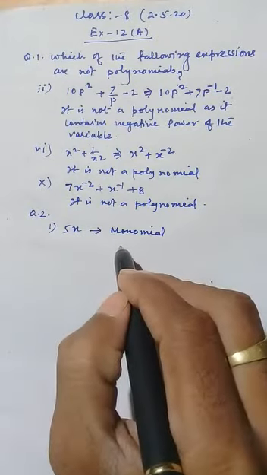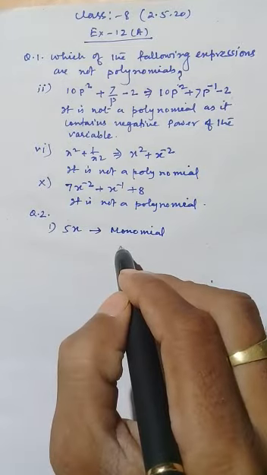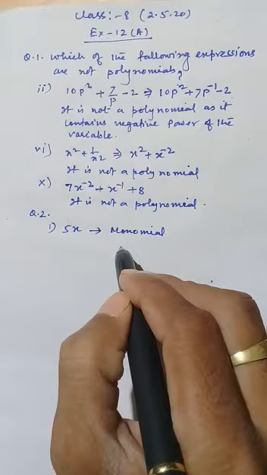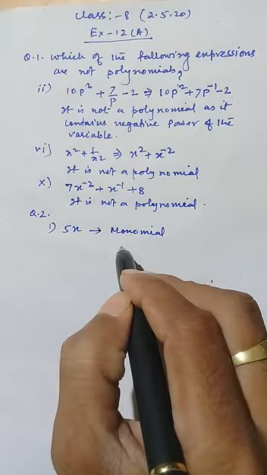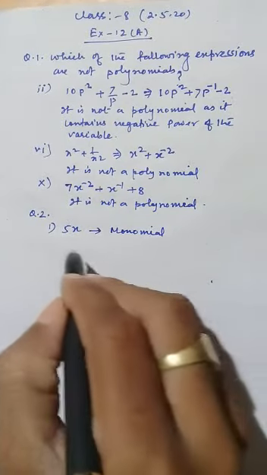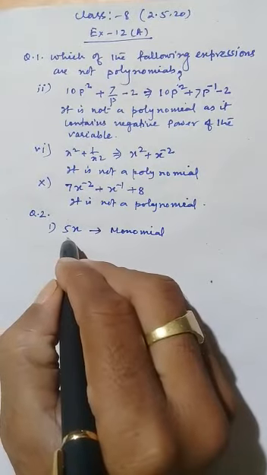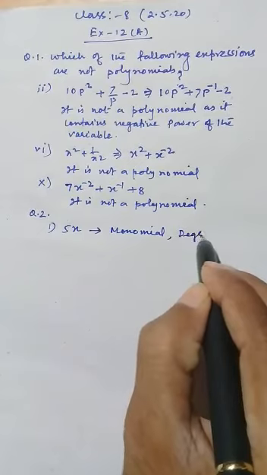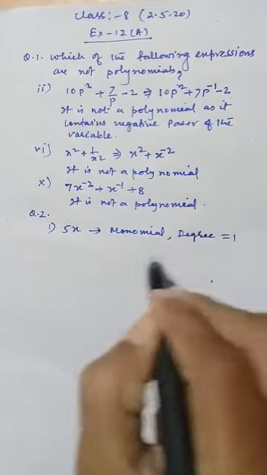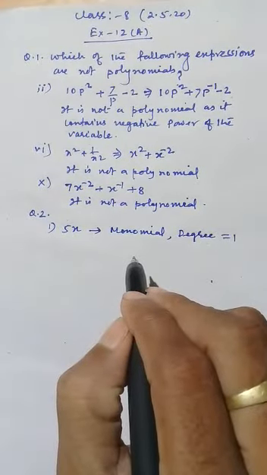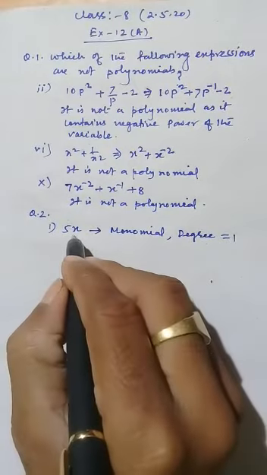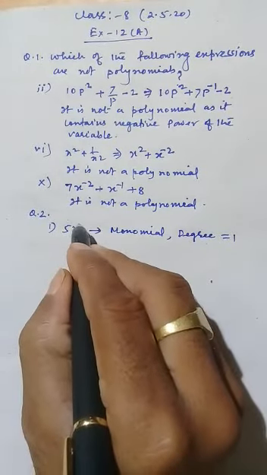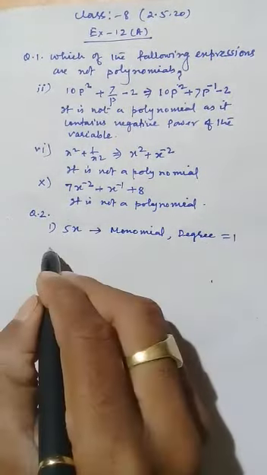If there are two terms, it is binomial. If three terms, trinomial, and if more than three terms, polynomial. So it is a monomial and degree of this monomial is 1. What is degree? Degree is the highest power of the variable. Here variable is x and its power is 1. That's why degree is 1.